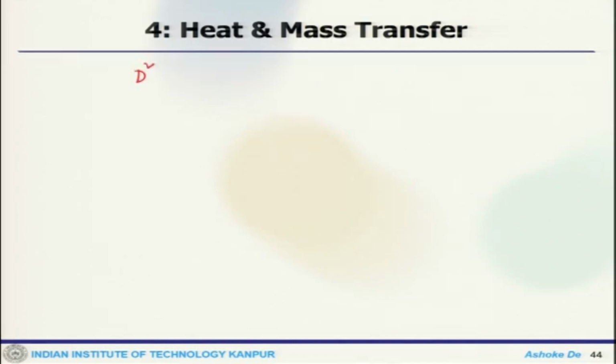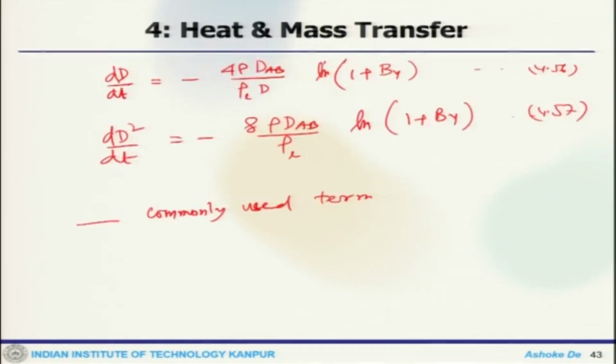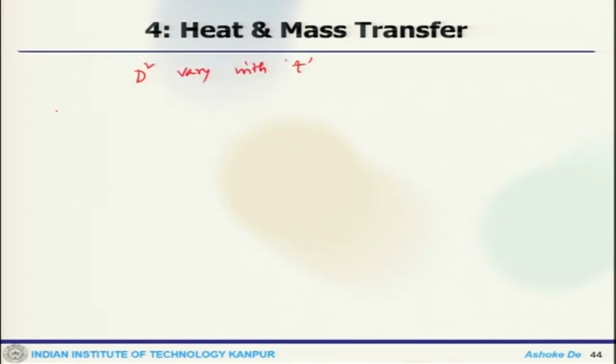So, d squared varies with time with a slope that is equal to the right hand side of this particular equation, and that slope is essentially the evaporation constant, which is k.